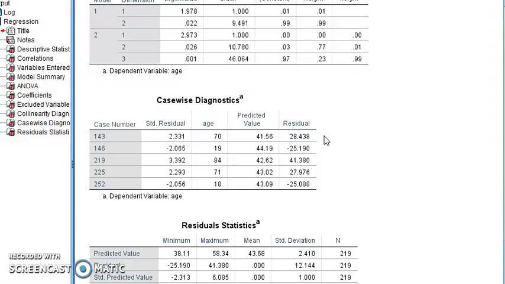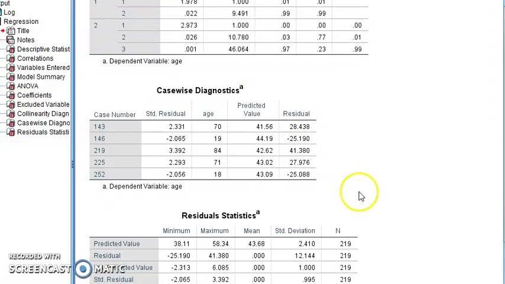And we'll look at, when we test some values, where these residuals are coming from. So basically what this tells us is these 5 cases, or these 5 people in our data set, are producing results with our linear regression equation that are just outside of what the equation can actually produce.